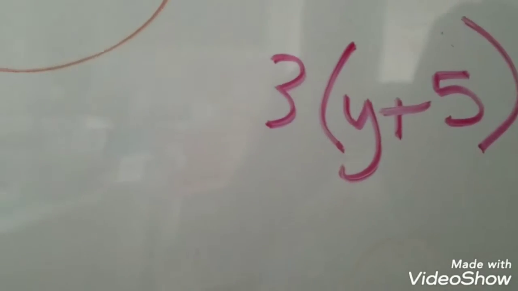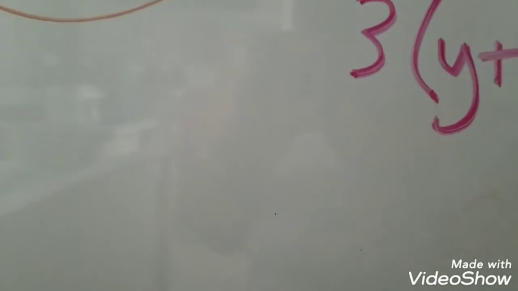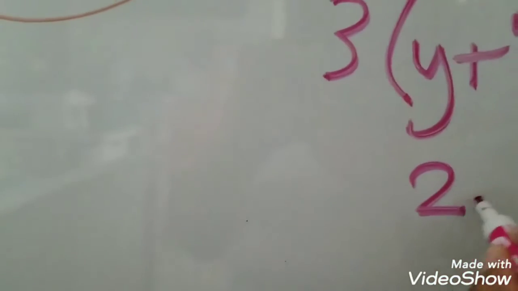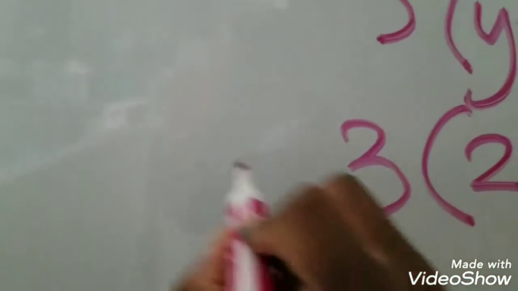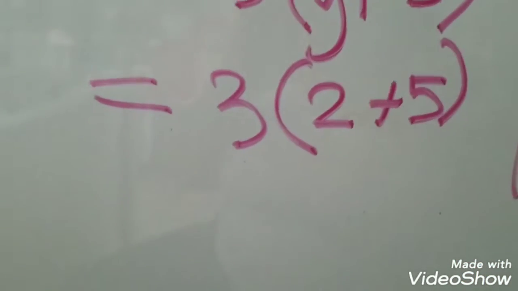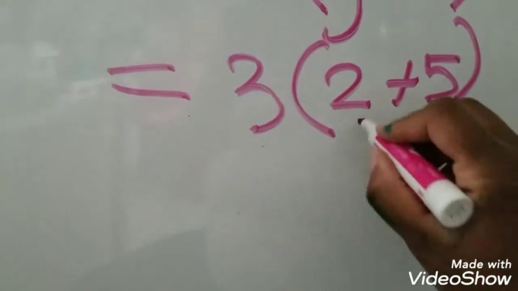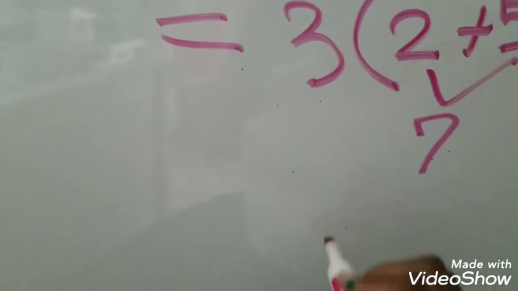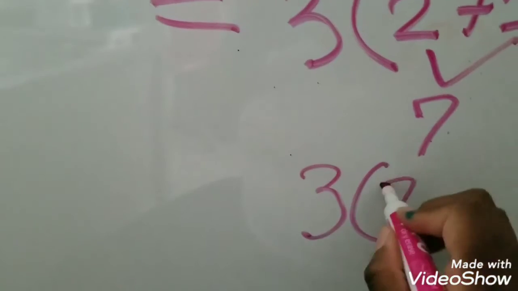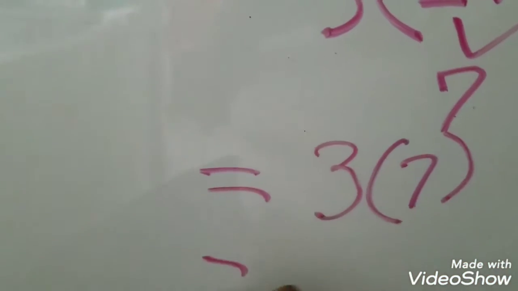So I would do what? Very good. So I would have y is 2 plus 5, and I would rewrite my entire problem, right? And then 2 plus 5 is 7, and then that equals 21.